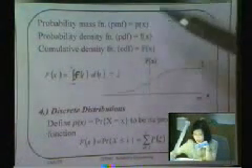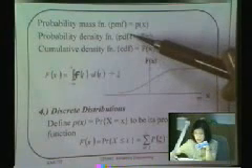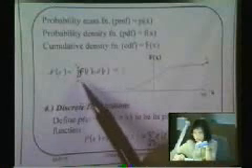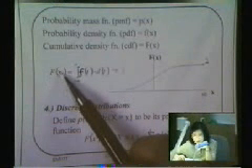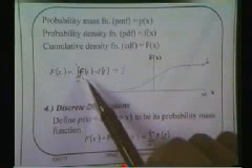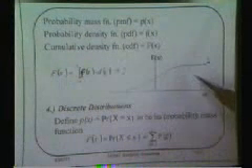Okay, the relationship between CDF and PDF is shown in this formula. The cumulative density function would be just the integration of the PDF, or the area under the curve of the PDF function, just like this.